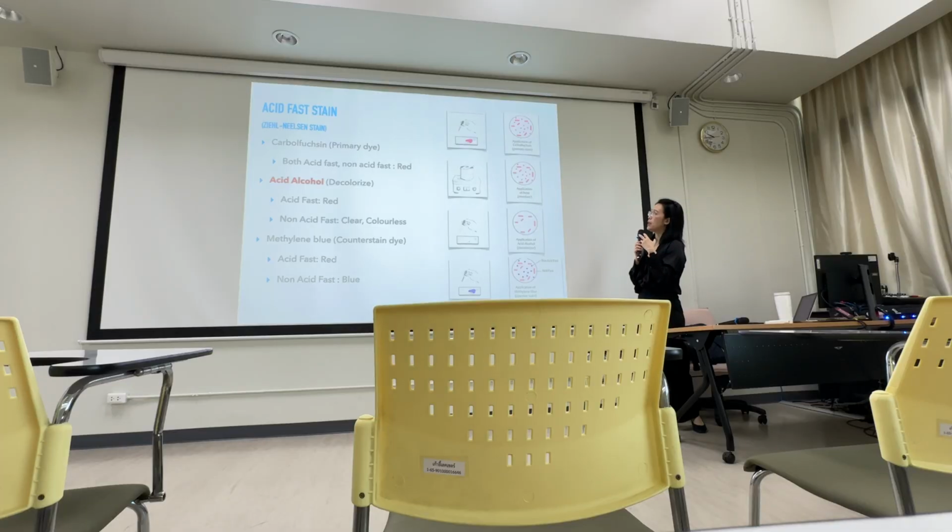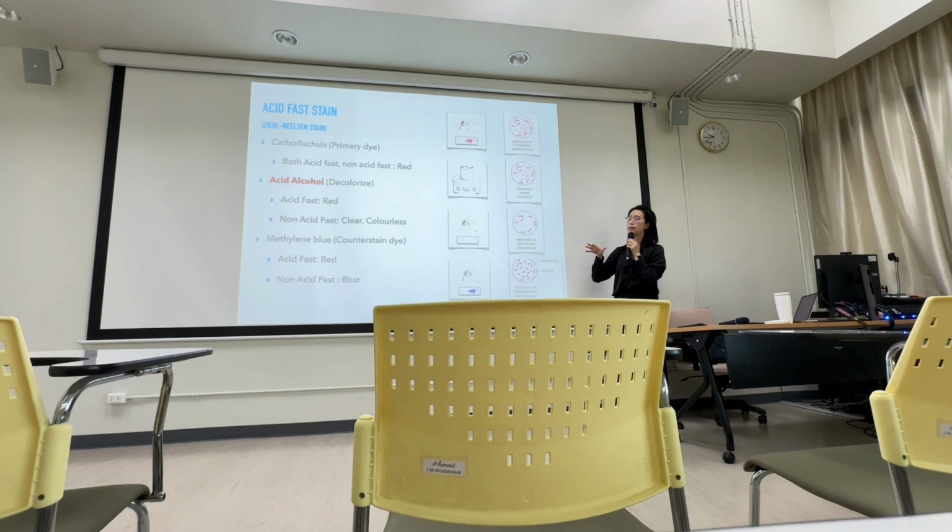And after we heat and let the dye go into the layer, we can still see the color of the carbol fuchsin as pink, but the decolorization step is a bit different. For the Gram stain, we use just normal alcohol to wash, right?